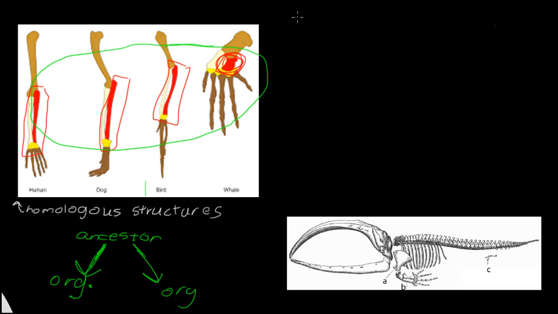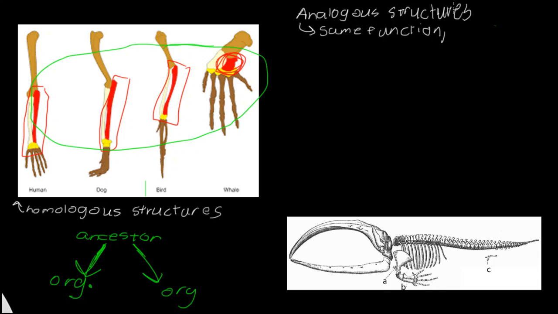So now let's focus on analogous structures. These are traits with the same function, but a different structure. These are caused by convergent evolution.